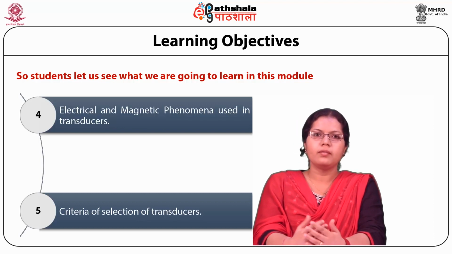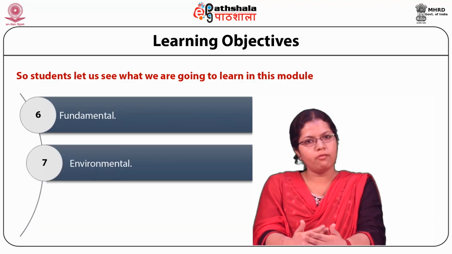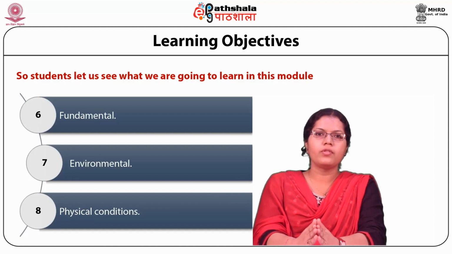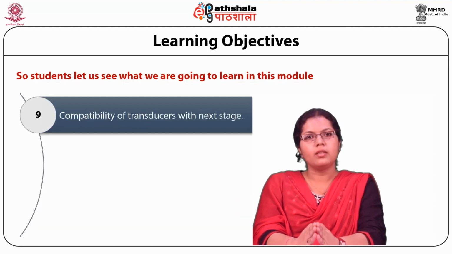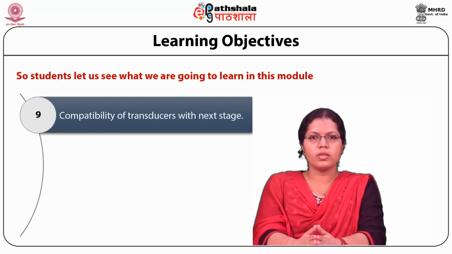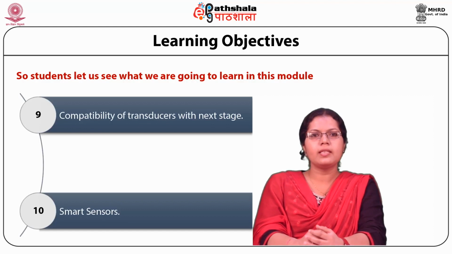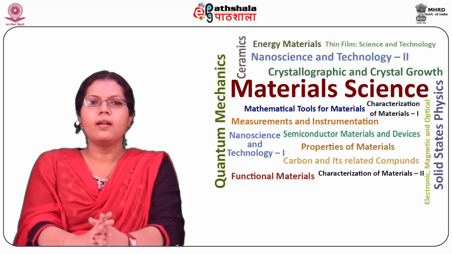There will be basically three criteria, fundamental, environmental and physical conditions, which will decide the selection of transducers. Next, we will study the compatibility of transducers with the next stage in the measurements, and at the last we will discuss the smart sensors.